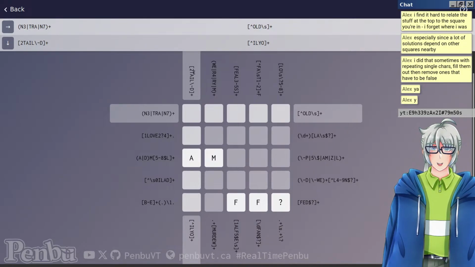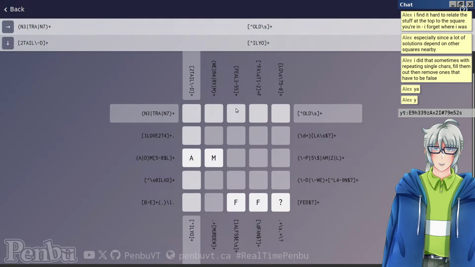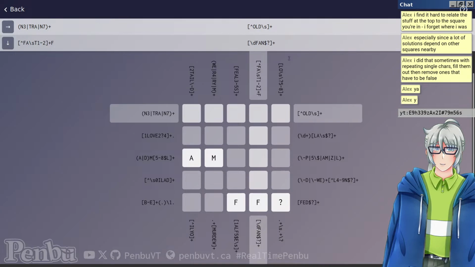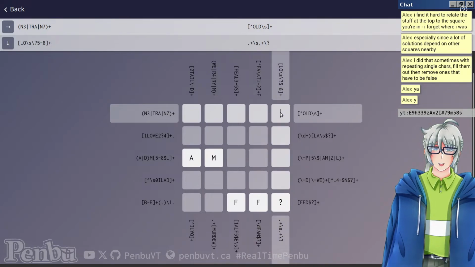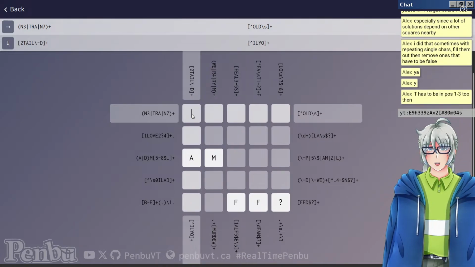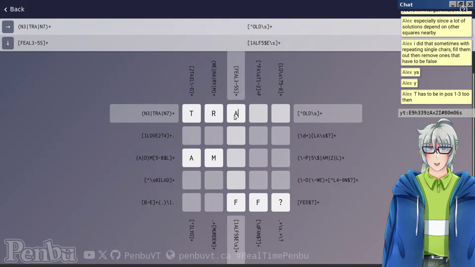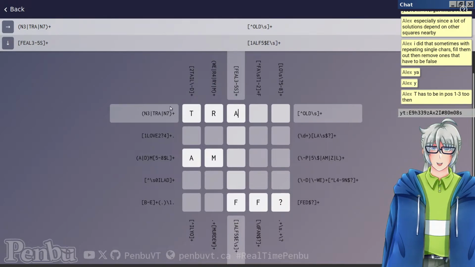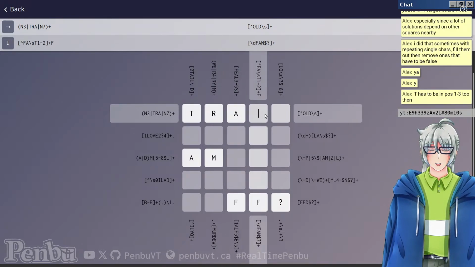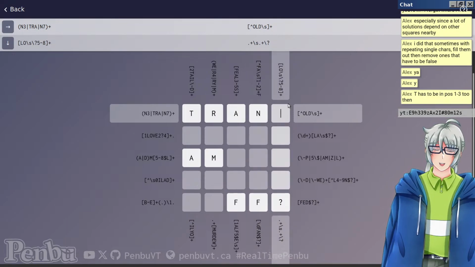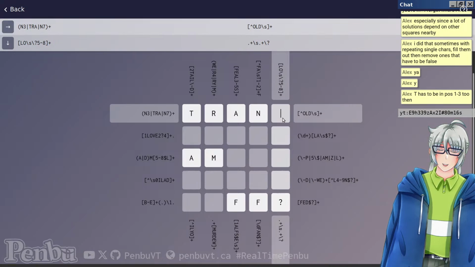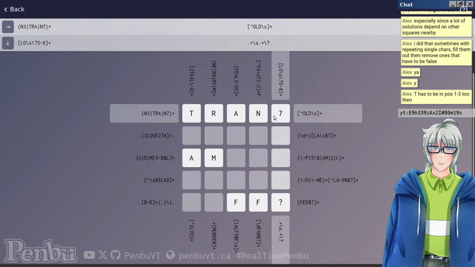So this overlaps with a T, and I don't think anything else overlaps. Because this has no T at the beginning. This does not have a T. This does not have a T. This does not have a T. So this is TRA. Yes. Which means this is forced to be an N. This is either a 3 or a 7. It says 5 to 8. 3 is not in there, so this has to be a 7.